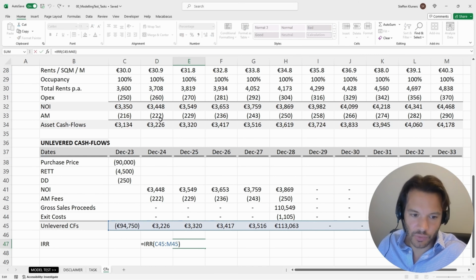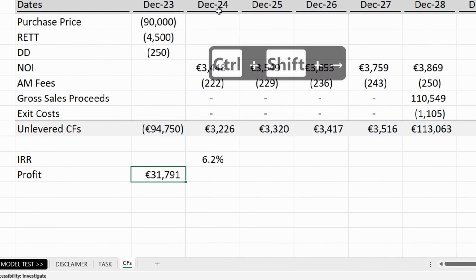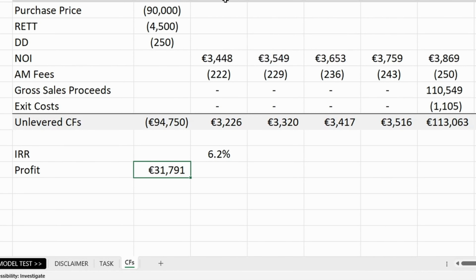Now, what else do we need to calculate? Well, we need to calculate the profit. The profit is simply the sum of the cash flows. Simple as that, which means that we make a profit of 31 million euros. And then we use the MOIC, which is simply the sum of the positive cash flows, which we do like this.